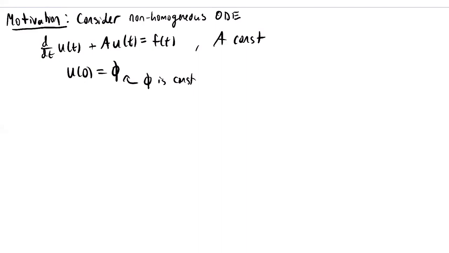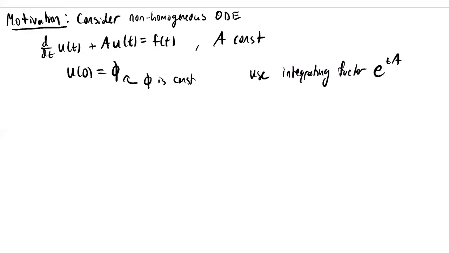Well, remember, this is a first order non-homogeneous differential equation, which you can solve using an integrating factor. And so in this case, the integrating factor is the function e to the t times a, where again, a is just some fixed constant that's been given to you, maybe like a is 20 or something like that.